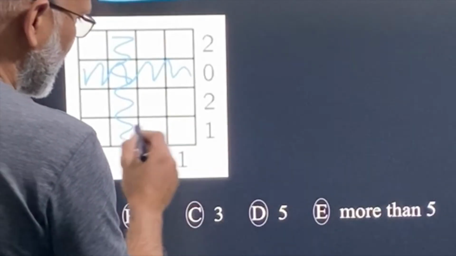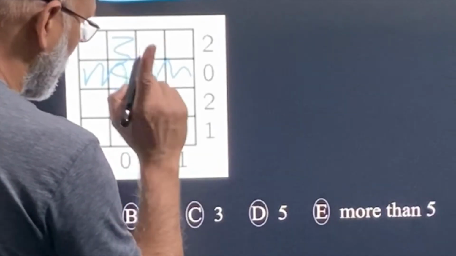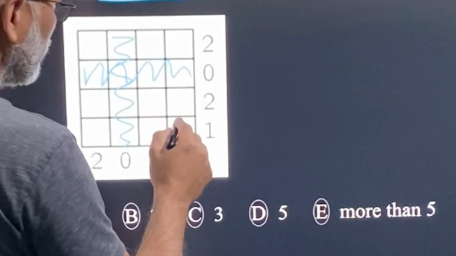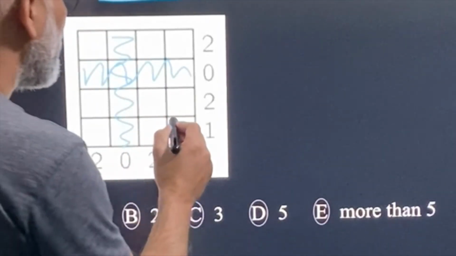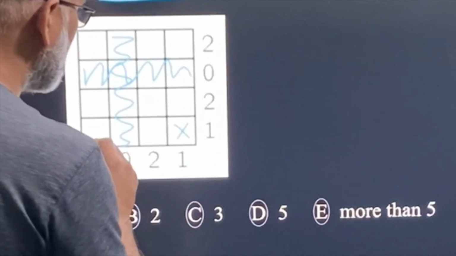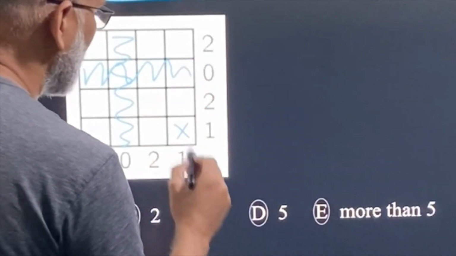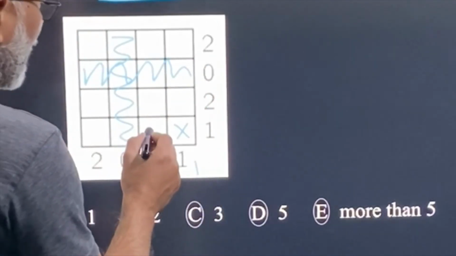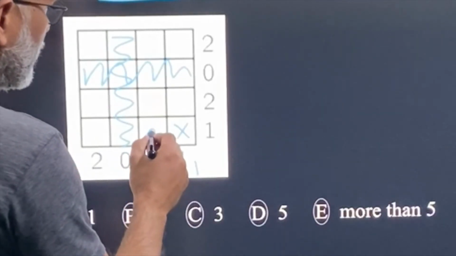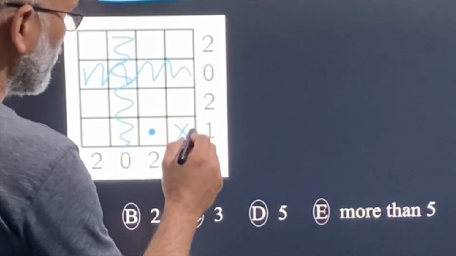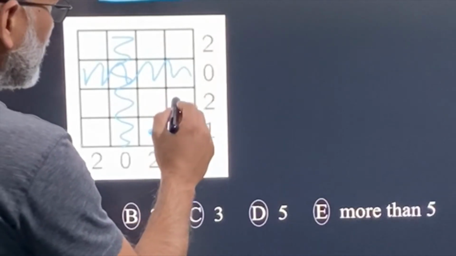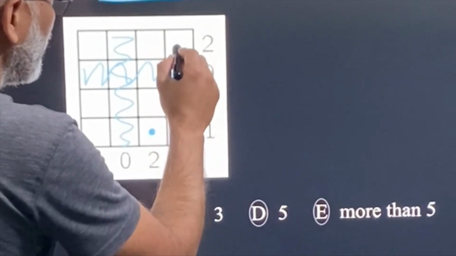Another thing we can notice is that this row can have at most one black. This column will have at most one black. So if I put a black here, that satisfies this row as well as this column. So there is one way, right? However, if I put the black here, that satisfies this row, but for this column, a black can go here or here.